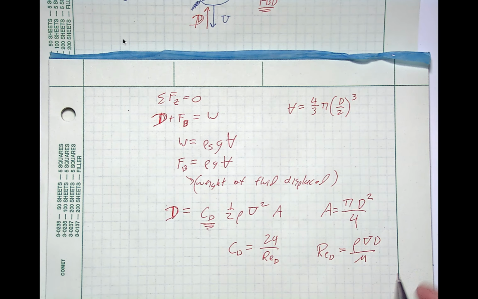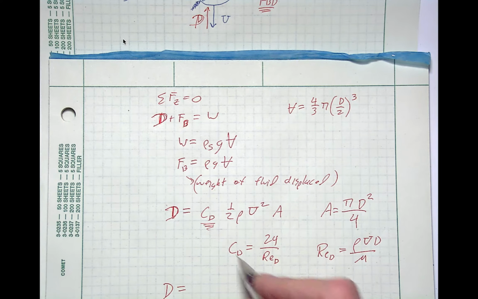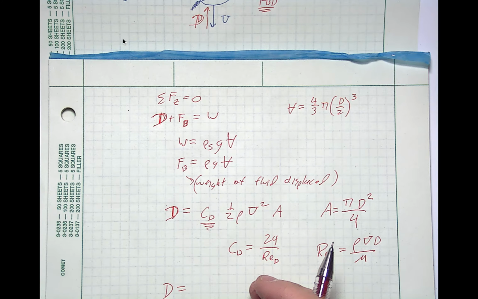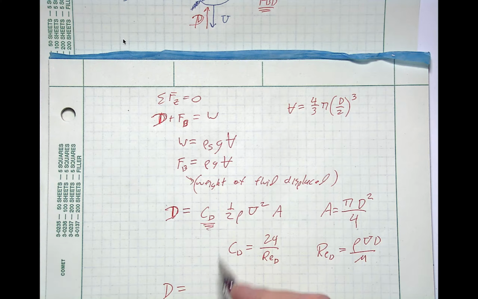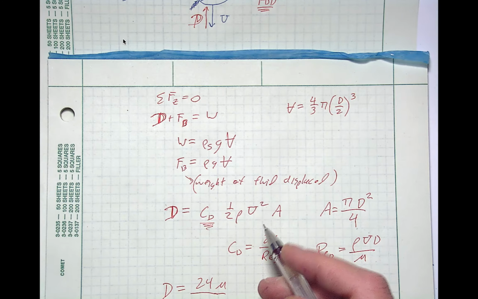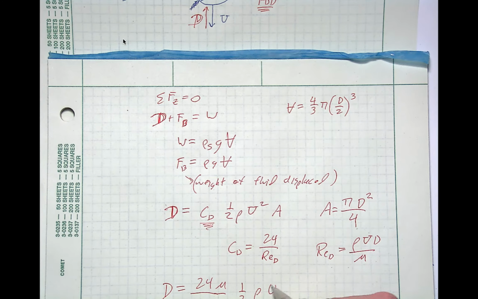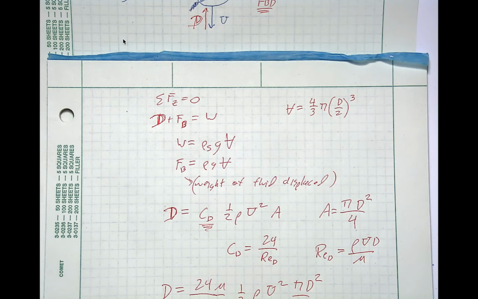So therefore our drag is just 24 over Re. Let's just start plugging everything in here. We have drag, which is 24 over rho u d over viscosity. We have a half. We have rho u squared, and our area is pi d squared over 4. If we look, 4 and a 2 make 8 on the bottom.